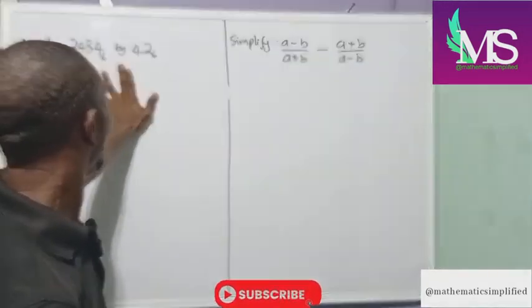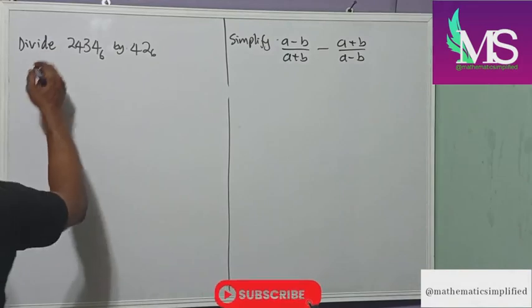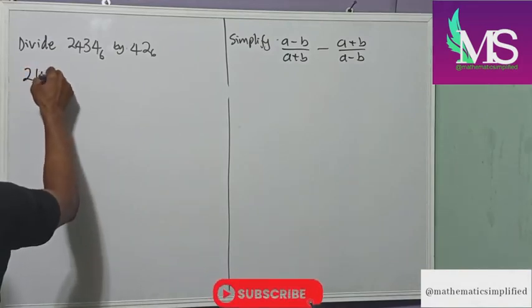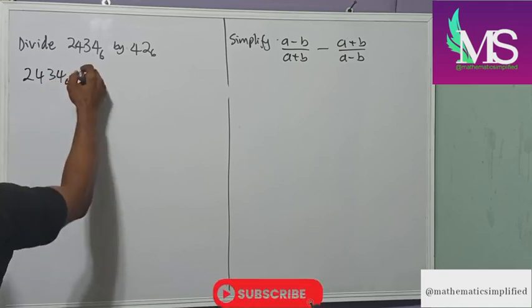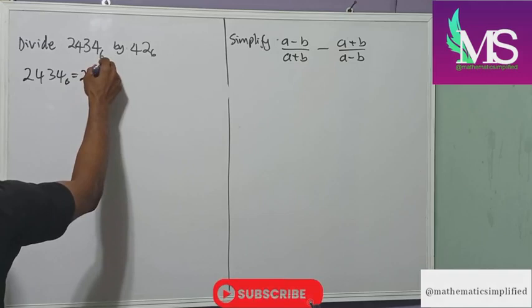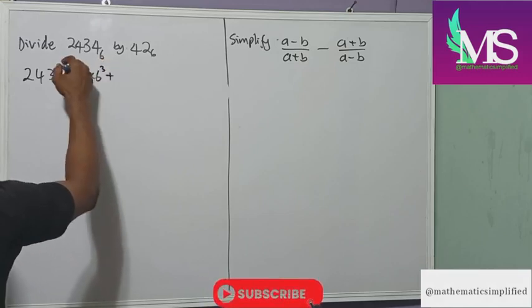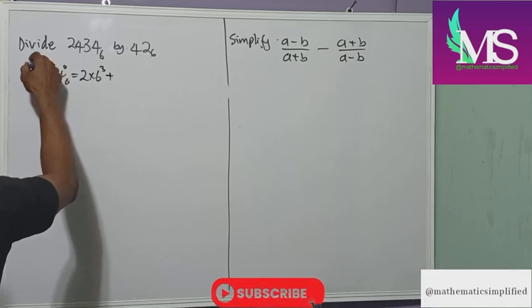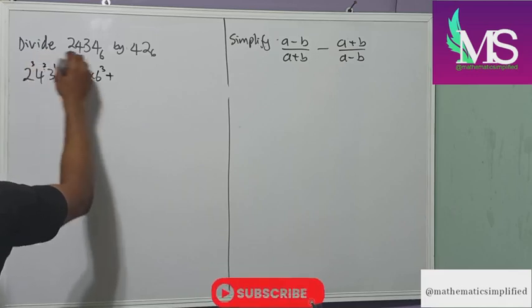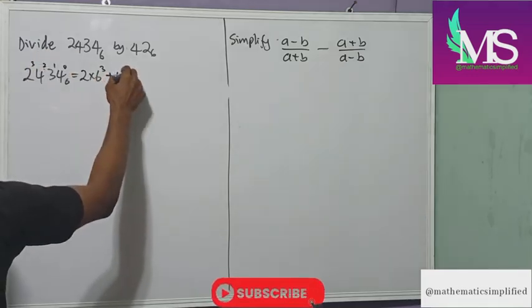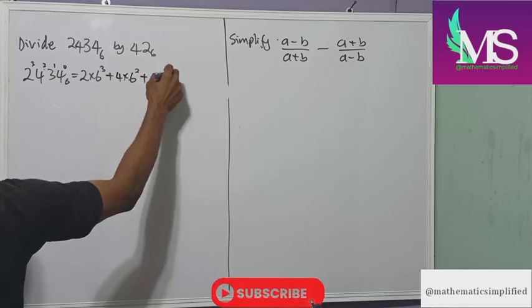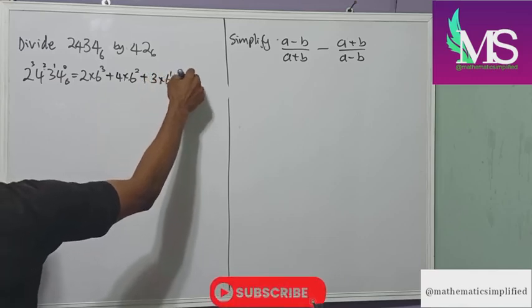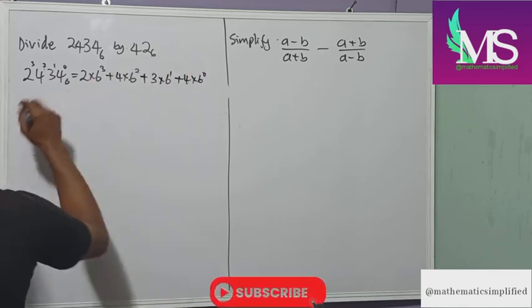So converting the first one, 2434 base 6, to base 10, this will become 2 times 6 raised to the power 3, plus 4 times 6 raised to the power 2, plus 3 times 6 raised to the power 1, plus 4 times 6 raised to the power 0.